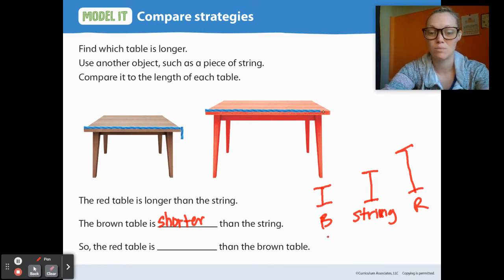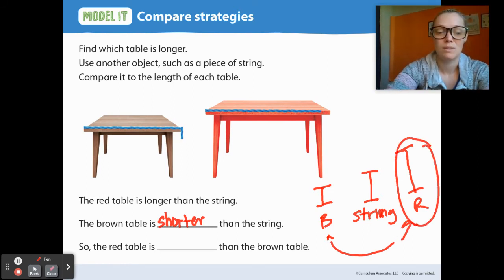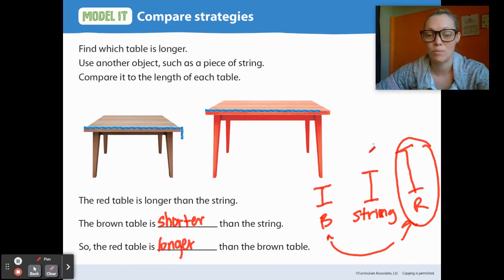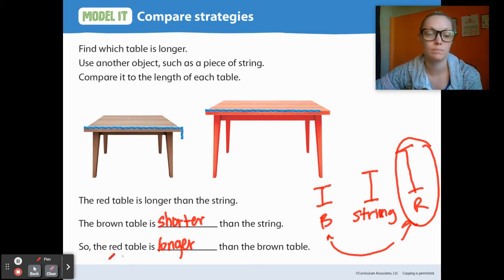Which table is longer, brown or red? The red table. So the red table is longer than the brown table. And I know this because I compared both tables to this string. And I can look back and see that that brown table is shorter, much shorter.